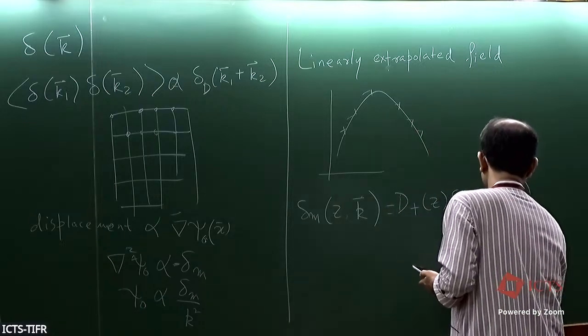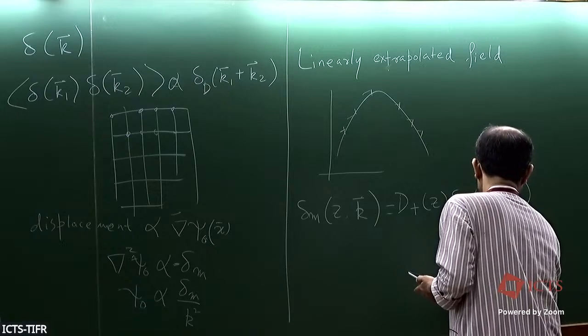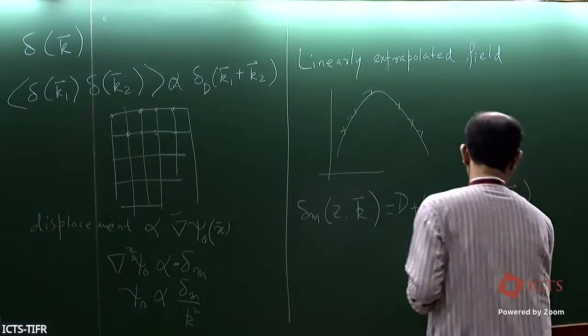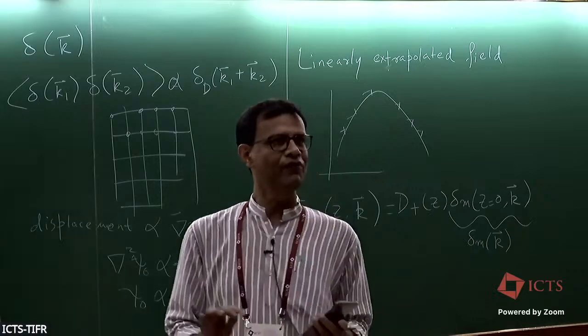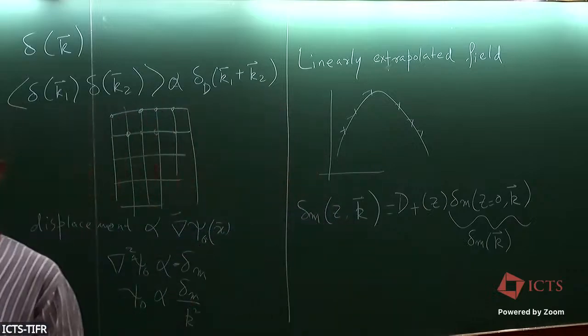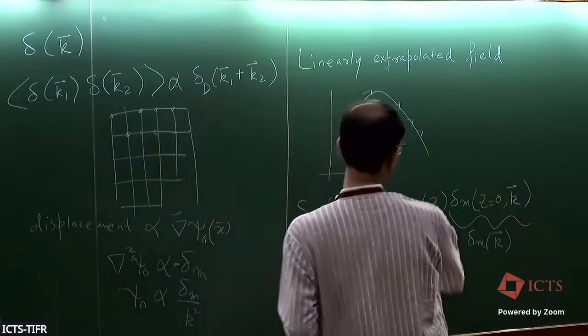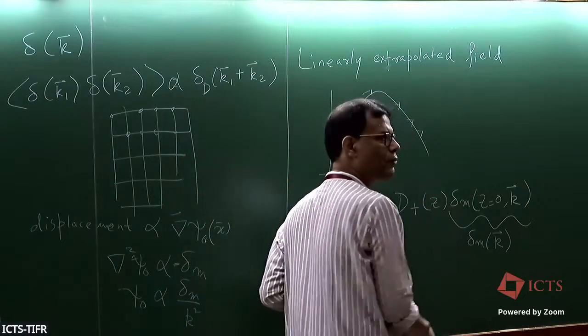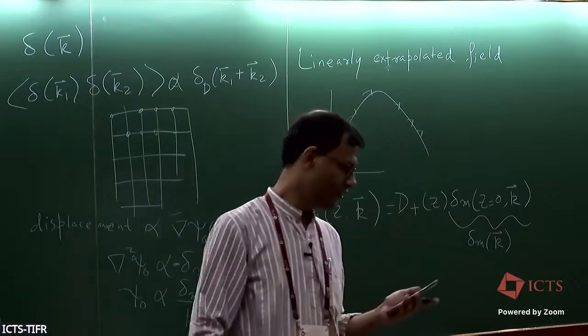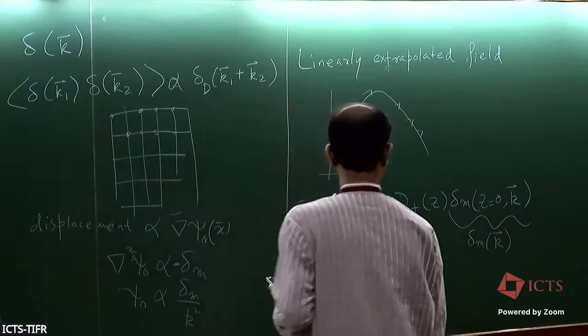And from now on, I will just write it as delta m k. Whenever I write delta m without any mention of z, that will be at redshift equal to 0, and that is the convention often used in cosmology. D plus at z equal to 0, the way we have normalized it, is 1. So this is correct.